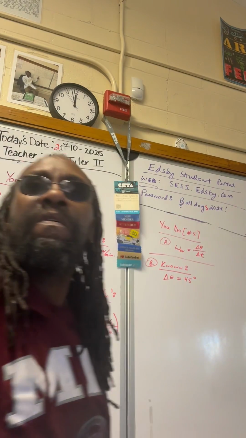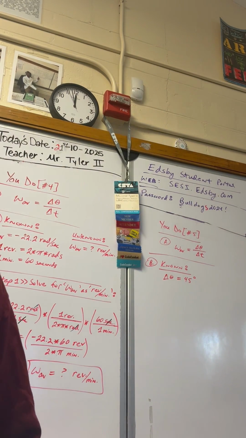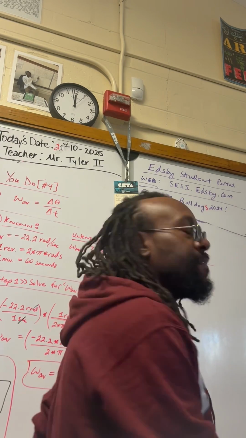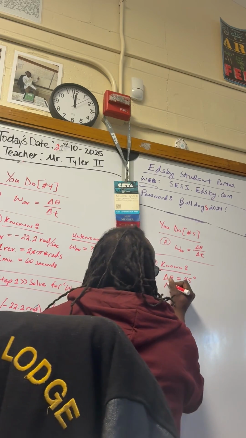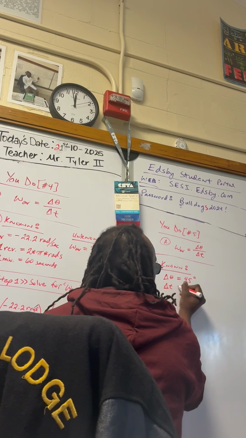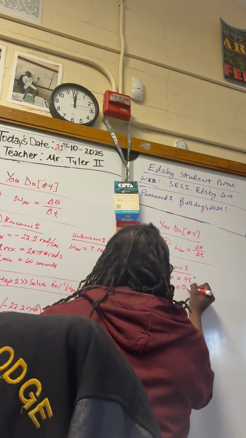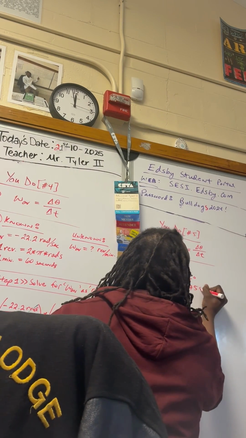Delta T, I think your pi popped out, man. That's why I say use a fraction maker. See, that happens. Use a fraction maker and then it should keep everything at the bottom and everything at the top where it's supposed to be. Delta T, they gave you that. That's the seconds, right? And they said that was 0.75 seconds.